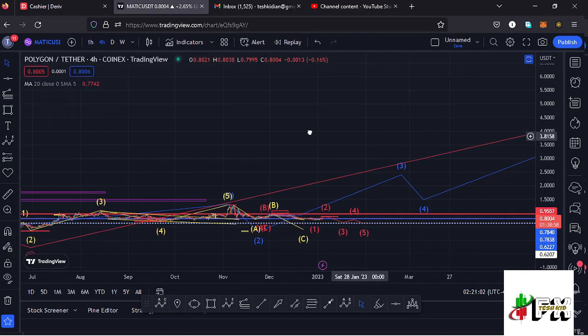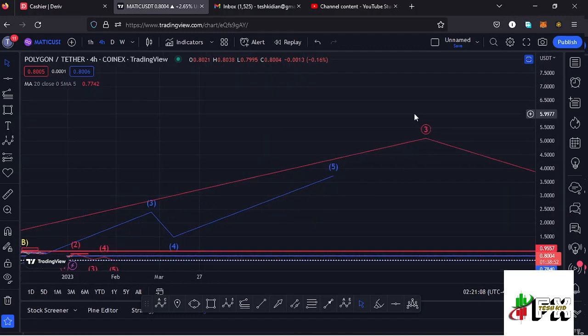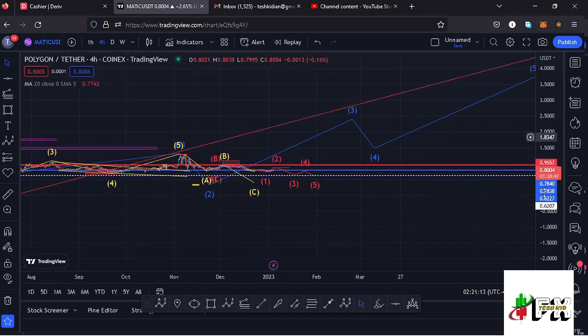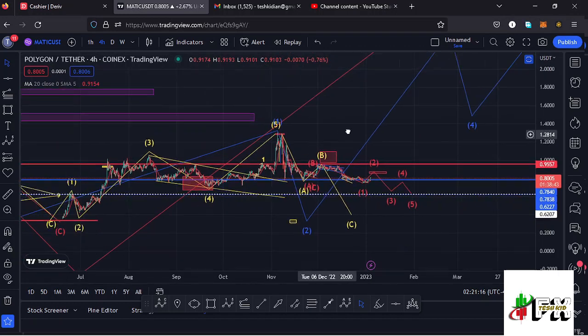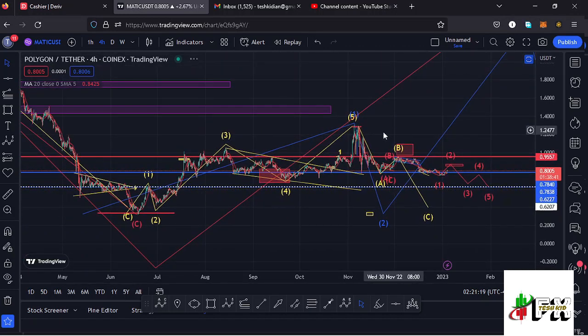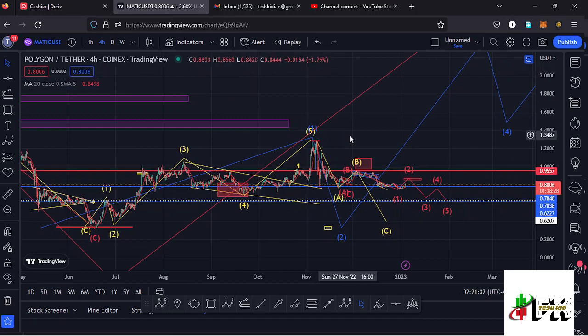And jumping to the forward chart for further analysis, here on the forward chart you can see we have this Elliot wave structure in blue, which is a fractal wave within the formation of this higher Elliot wave count 3 to the upside, where I also believe we have seen the formation of the first wave of this Elliot wave structure in blue, and because of its impulsive nature, we also expected to see a fractal wave in formation within that first wave to the upside, where you can see we have this Elliot wave structure in yellow being a fractal wave within the formation of that higher Elliot wave count 1 to the upside, and also making our peak at around the $1.3 mark.